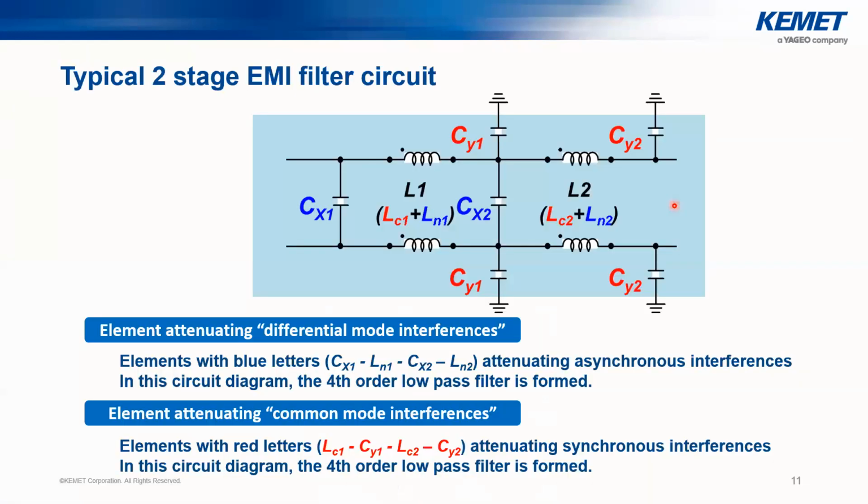This is how a typical two-stage EMI filter circuit looks. Components denoted with a blue letter here are supposed to be eliminating your differential mode noise or asynchronous mode noise, and the components denoted with a red letter here are supposed to be filtering out your common mode noise or synchronous noise. The reason I say synchronous or asynchronous again and again is that synchronous mode noise directly affects your ground plane or your chassis.